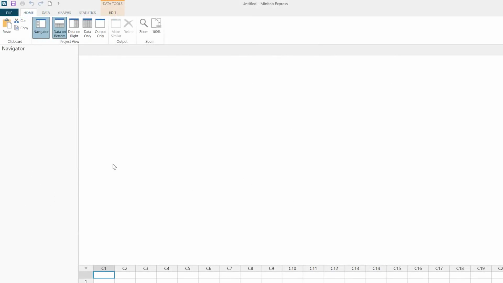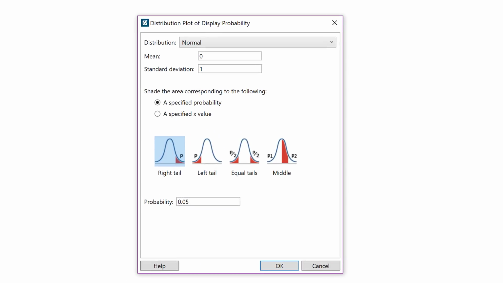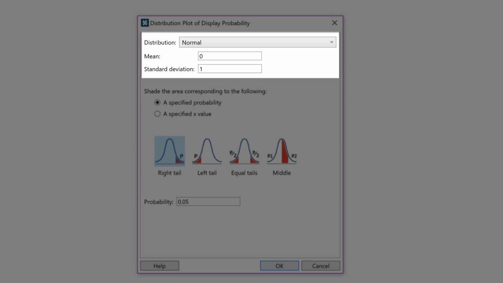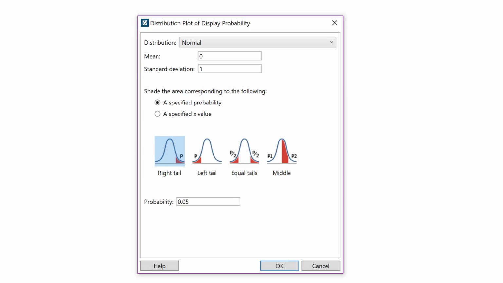I'm going to construct a probability distribution plot to display probability. The default is a z-distribution. That's a normal distribution with a mean of 0 and standard deviation of 1. If 95% is in the middle, then we have 5% split equally between two tails.